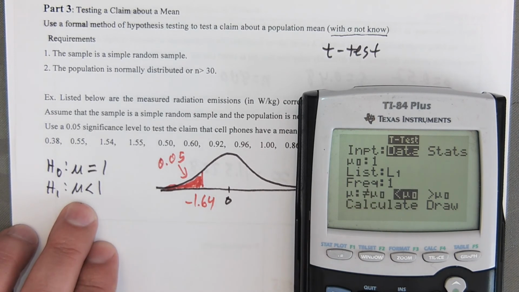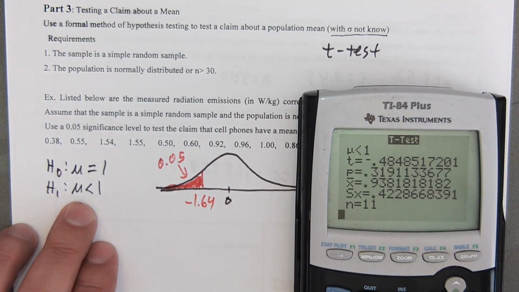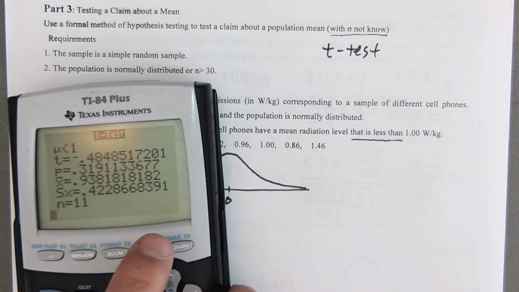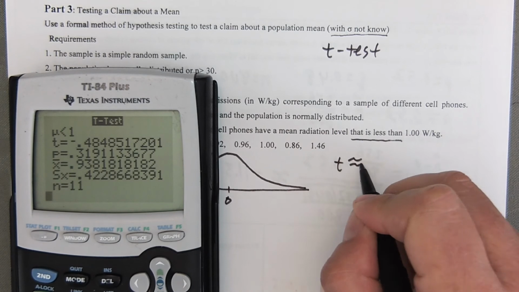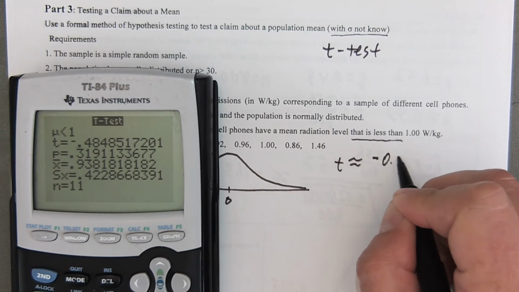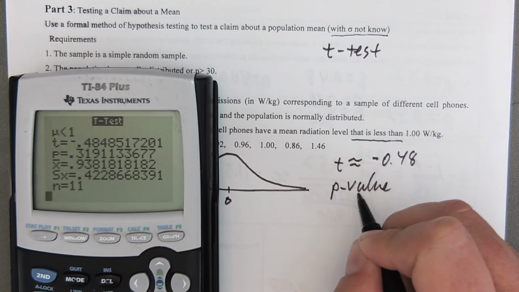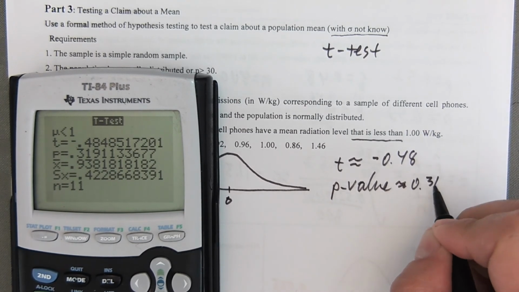And look how cool this is. Go. It gives us not only our t value, but the p value as well. So we have that. Our t value is about negative 0.48, and our p value, which is more important, is 0.3191.